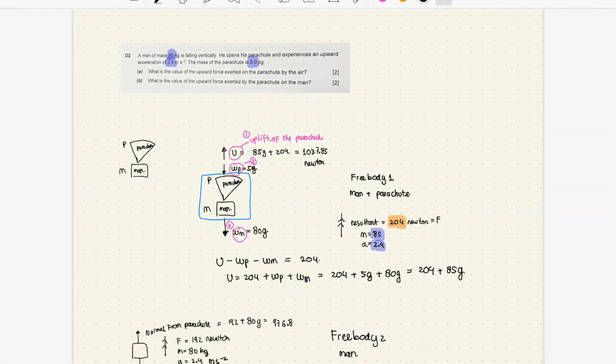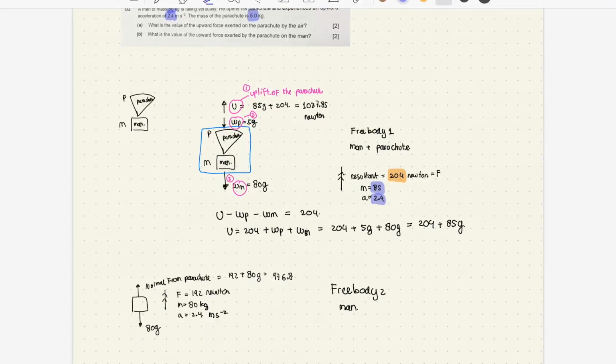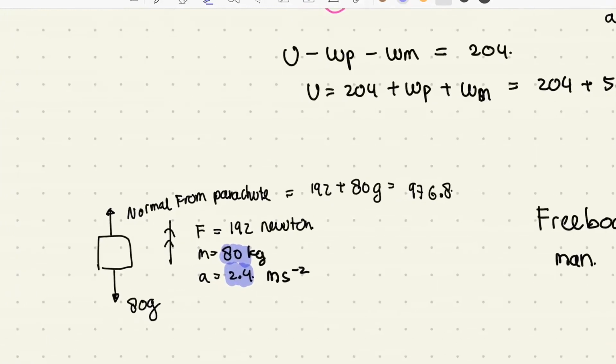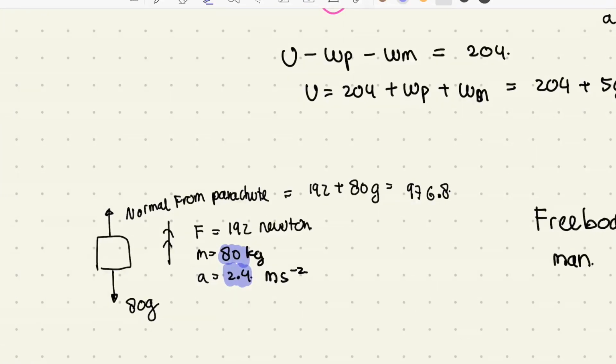How do we get it? From the question, right? The question they mentioned already. Yeah, 80 and 2.4 is from the question, and if you use calculator, you get 192 Newton, the resultant. So this is resultant.